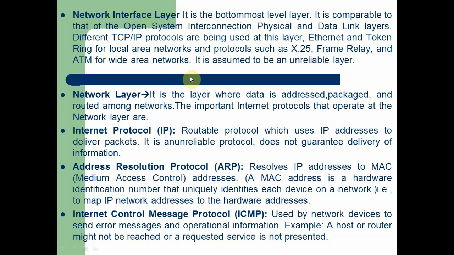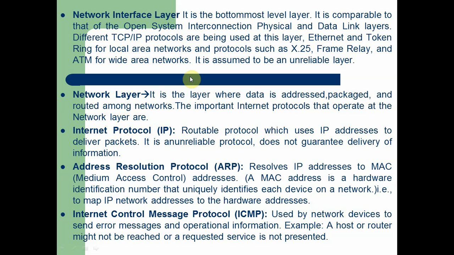Next layer is the network layer. It is the layer where data is addressed, packaged and routed among networks. The important internet protocol that operates at the network layer is the IP protocol, which uses the IP address to deliver packets, and the ARP protocol, Address Resolution Protocol, resolves IP addresses to MAC, medium access control addresses.